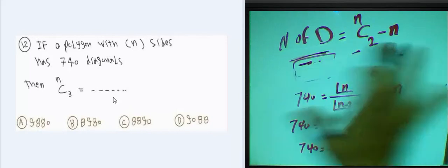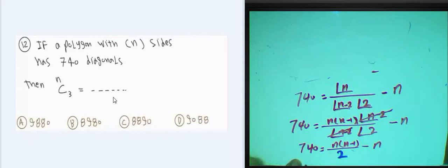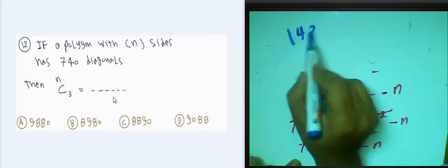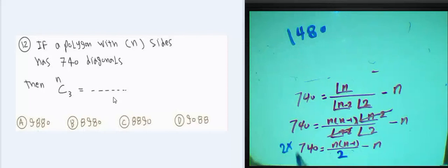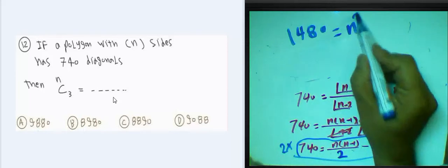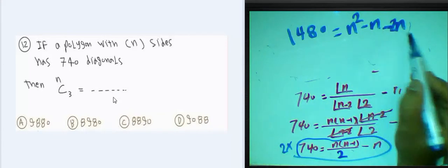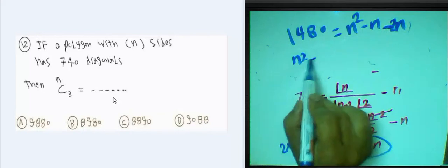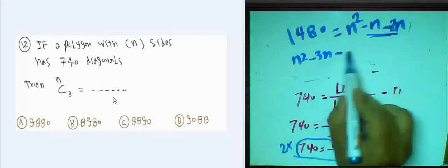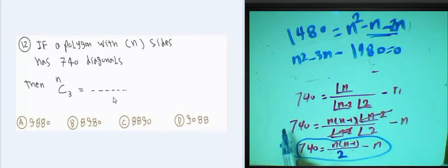Okay, you can simplify it by multiplying all terms by 2: 2 times 740 is 1480, and n times n minus 1 gives n squared subtract n, then subtract 2n. Then n squared minus 3n minus 1480 equals 0. You can use the equation solver on your calculator.